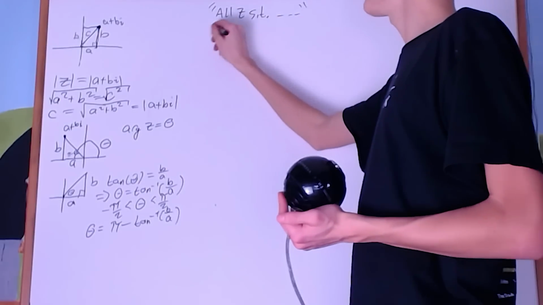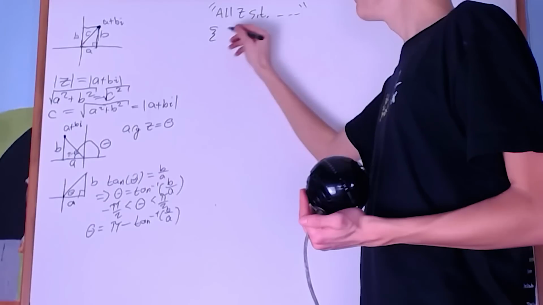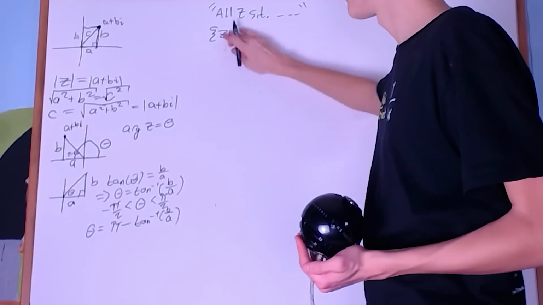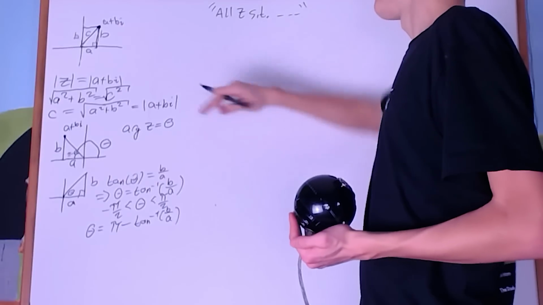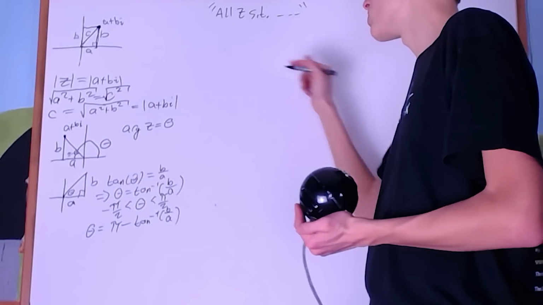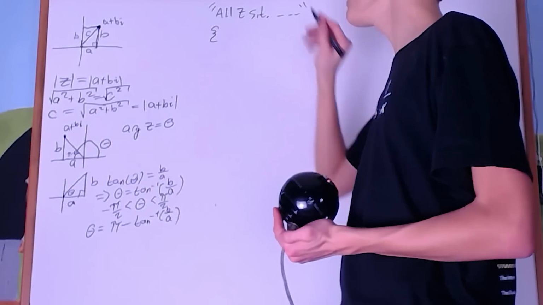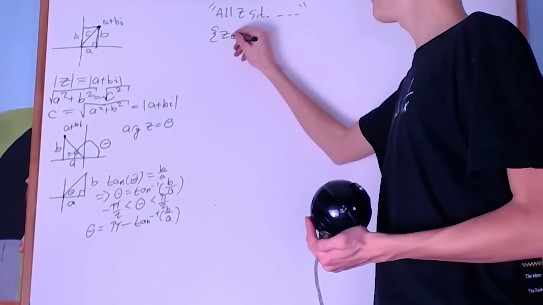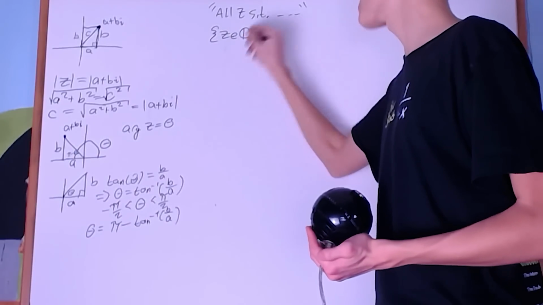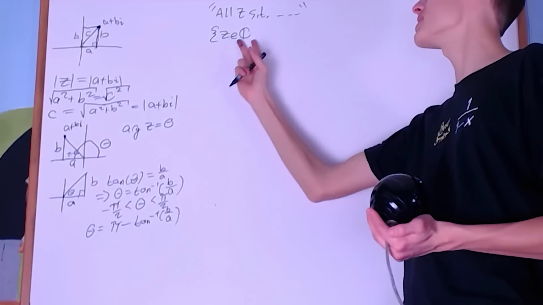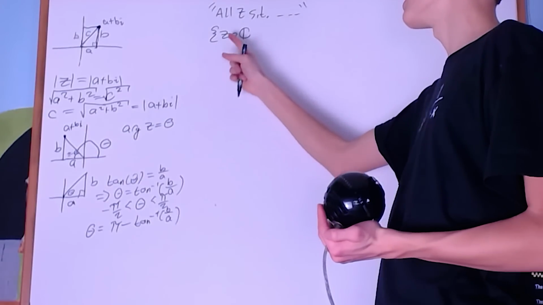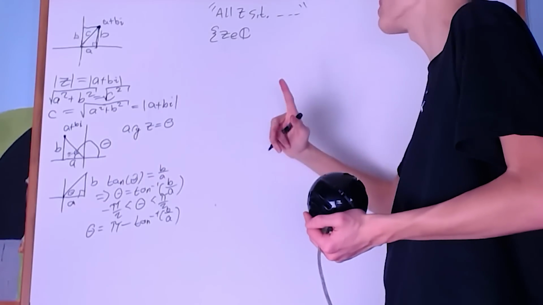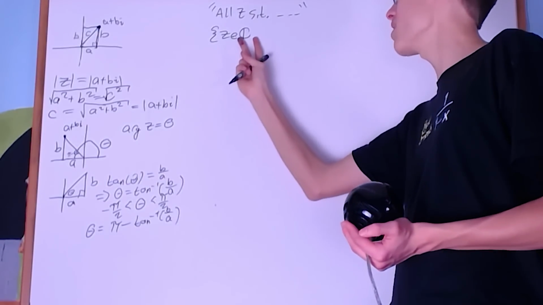Or we could write it in set builder notation, which involves a curly bracket, and we say that for all z an element of the complex numbers. This fancy C just means z is some complex number; it is the set of complex numbers.